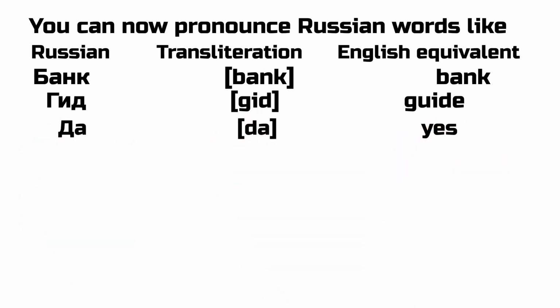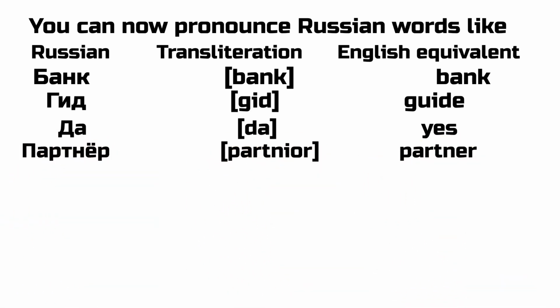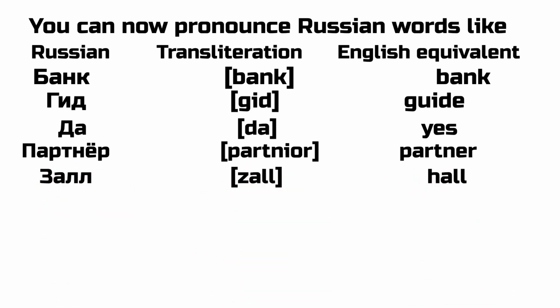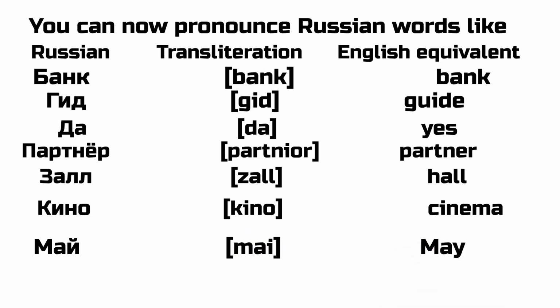Da, which means yes. Partner, which means partner. Zal, which means hall. Kino, which means cinema. Mai, which means the month of May.